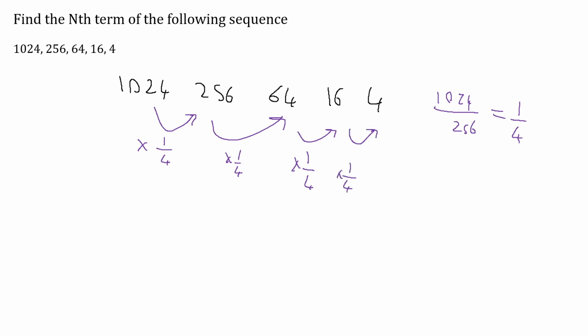Our first number is 1024. This is the first number. And this is our common ratio, this quarter.